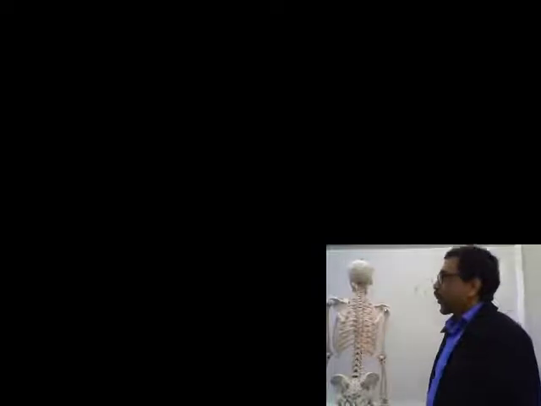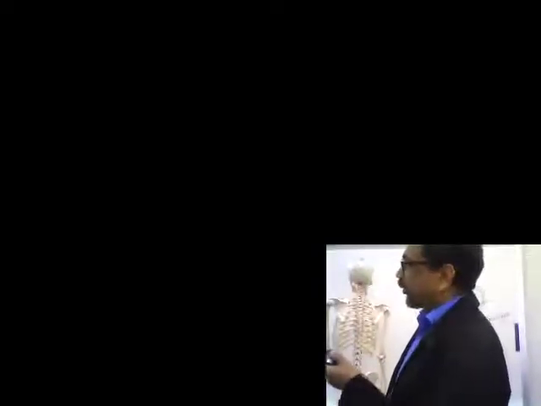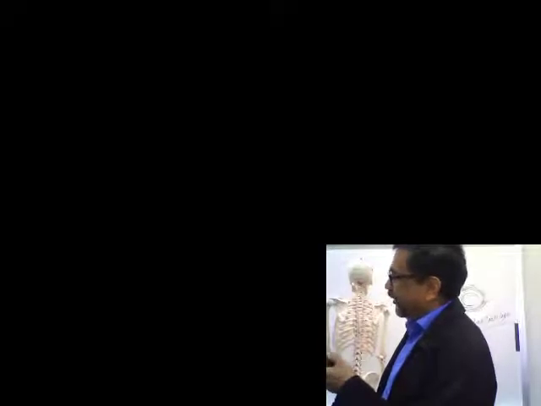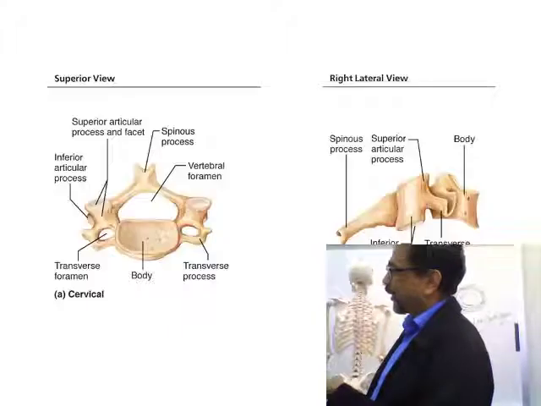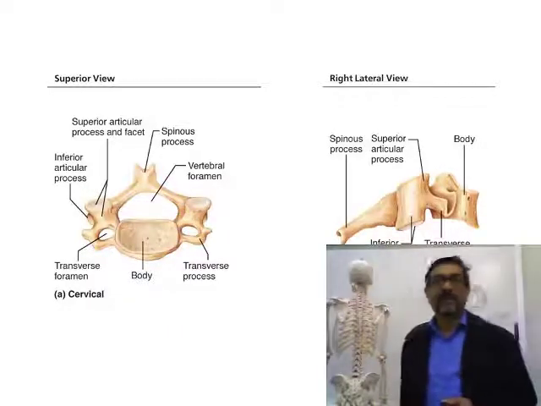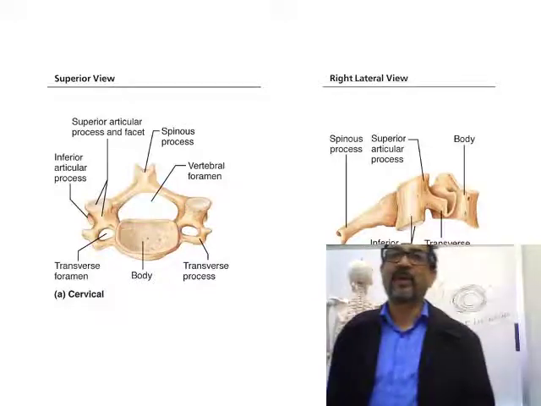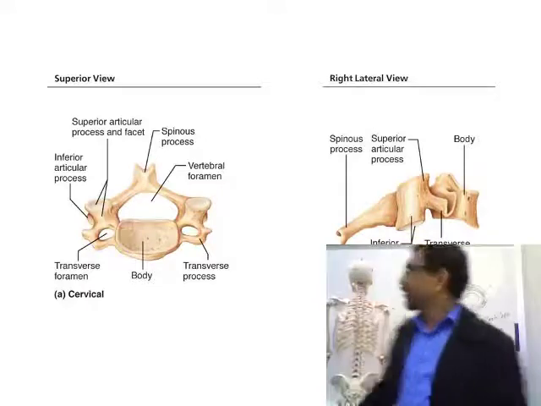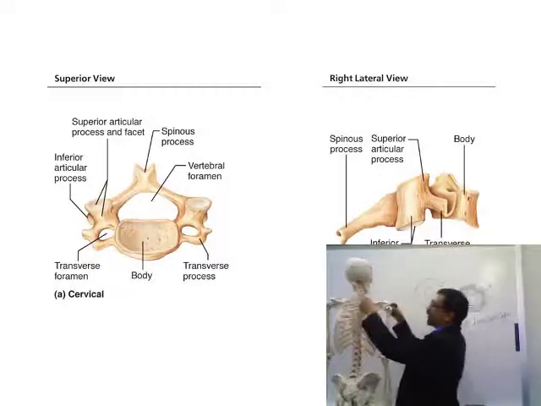First, if you want to identify a typical cervical vertebrae, except C1 and C2, this is the easiest way to identify it. If you see the spinous process, look at this picture. Also you can see here, probably you can see from here.